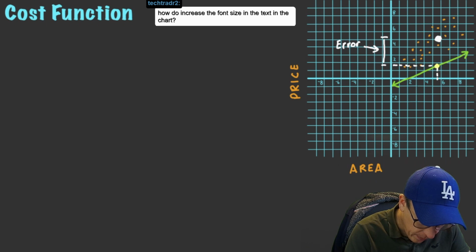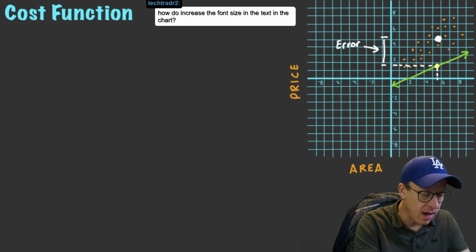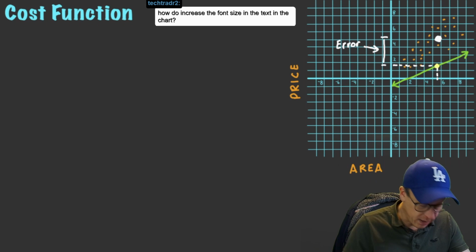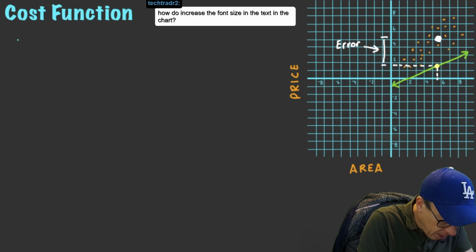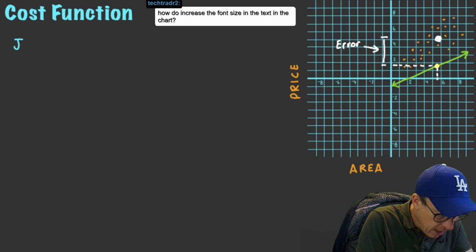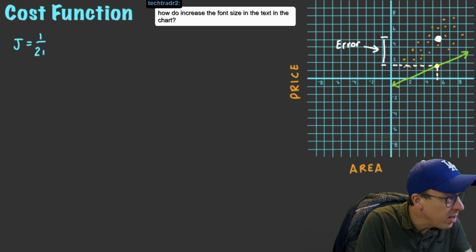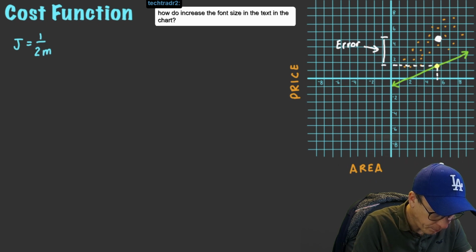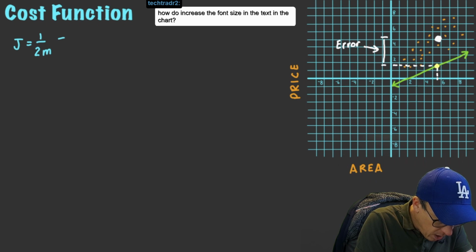And what I want to do is show you how to calculate this. Now, this is the cost function. It looks really complicated. J is equal to 1 over 2m. You can see this, right? Yes. And then this represents the sum. After I write all of it out, I'm going to explain what every single symbol means.